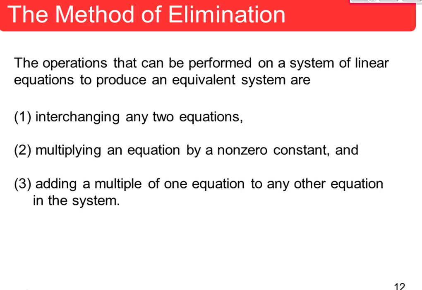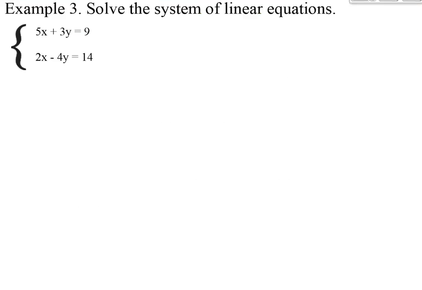You can interchange any two equations, and you might be thinking at this point, well, why would I want to do that? But as we move on later to the multivariable linear systems, that'll be an important thing. Multiply an equation by a non-zero constant, and then adding a multiple of one equation to another equation in the system. So just some things to keep in mind as we go through.